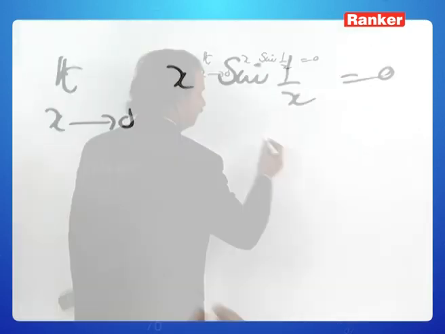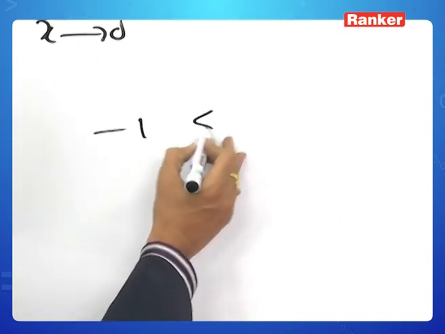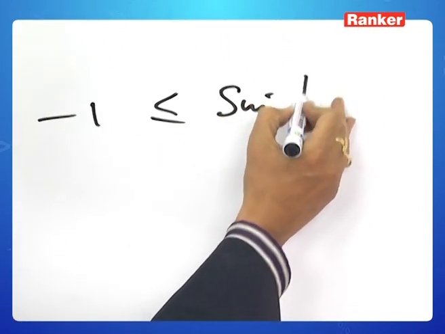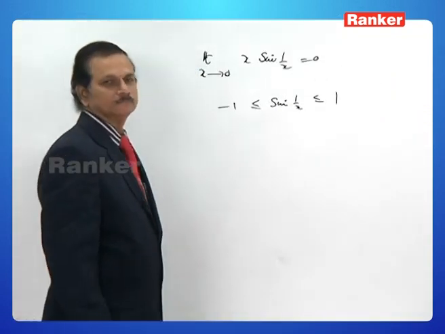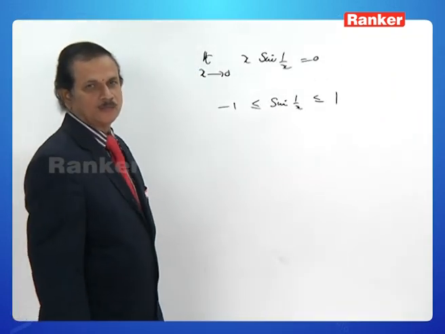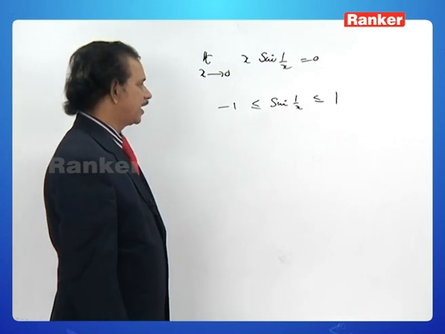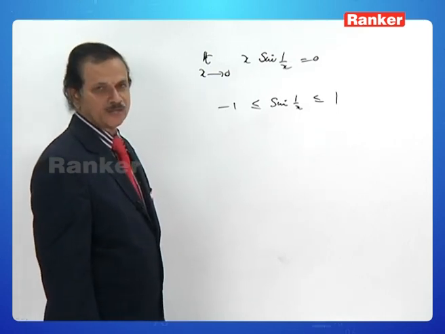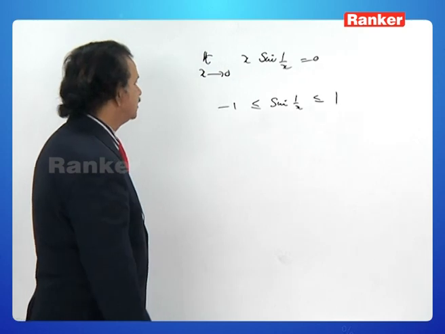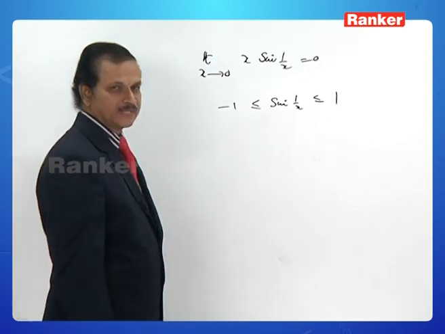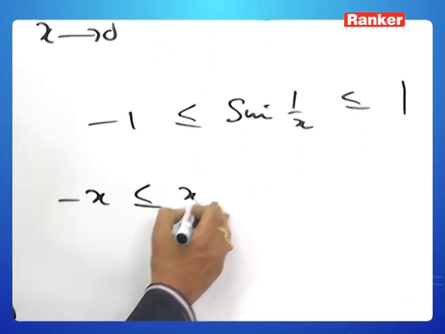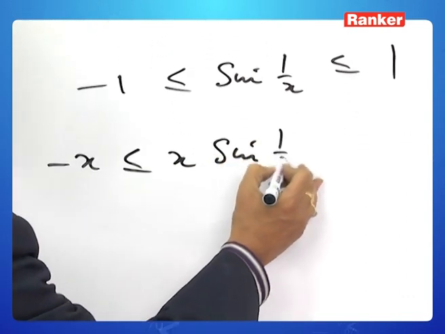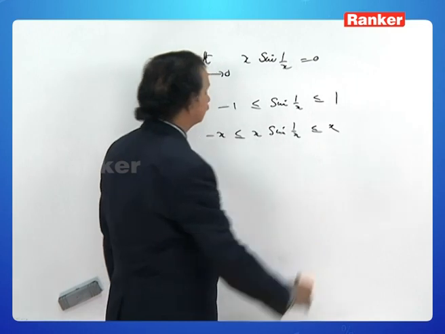Look here, we know that minus 1 less than or equal to sine 1 by x less than or equal to 1. Suppose, let me assume that x is positive. Then minus x less than or equal to x sine 1 by x less than or equal to x.